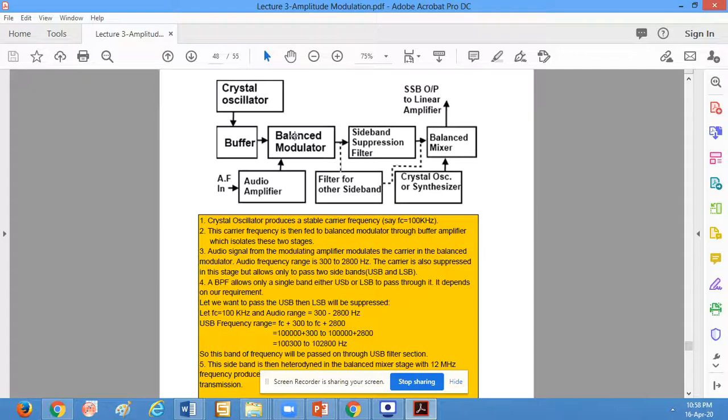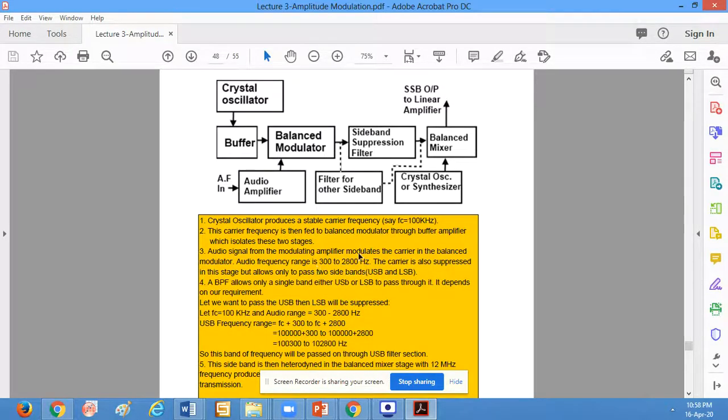Previously, we have also studied that the balanced modulator produces a balanced output. Means we don't have the individual inputs available at the output. It will be a combination of the crystal oscillator output at the carrier as well as the message signal. So the carrier frequency is given to a balanced modulator. Suppose the audio frequency or the message signal contains the frequency range from 300 to 2800 hertz.